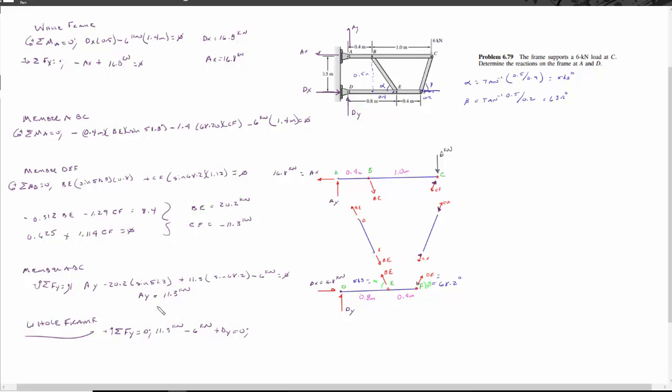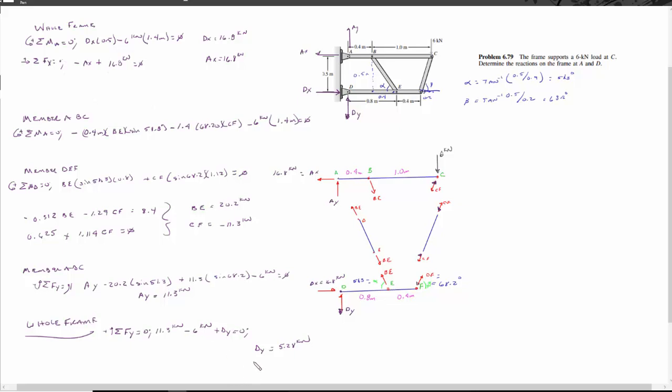So DY is going to equal 11.3 minus 6, which comes out to about 5.3, but it's going to be negative, so DY is actually going in a downward direction here, which kind of makes sense to me.